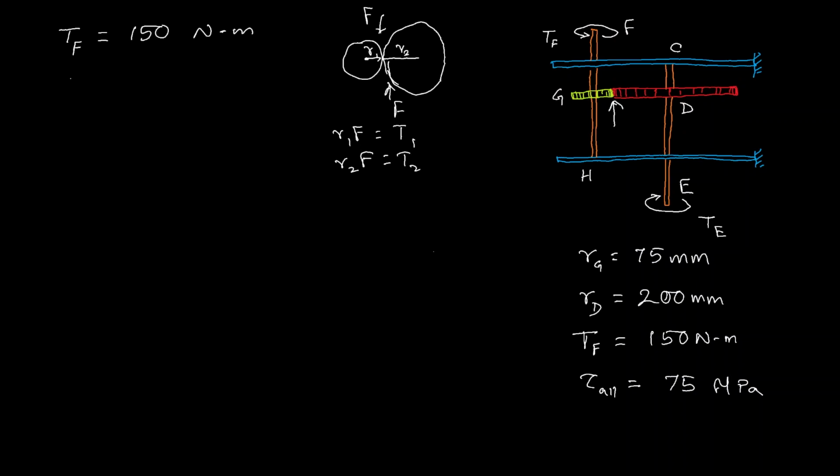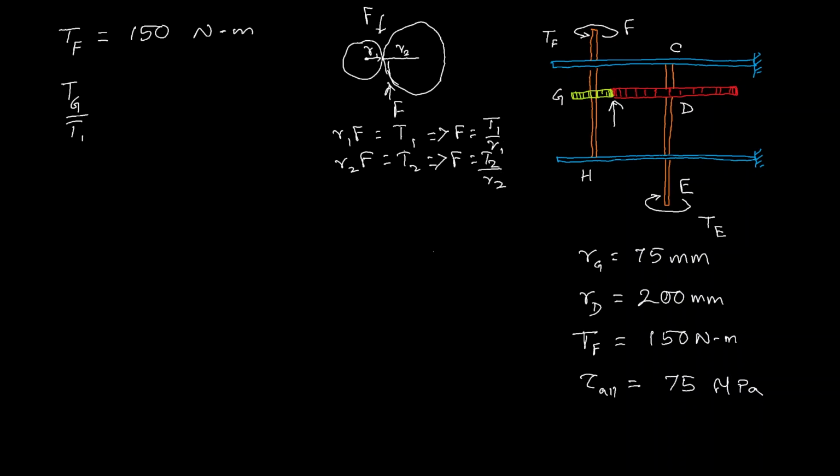From here, F is T1 over R1, and F is equal to T2 over R2.